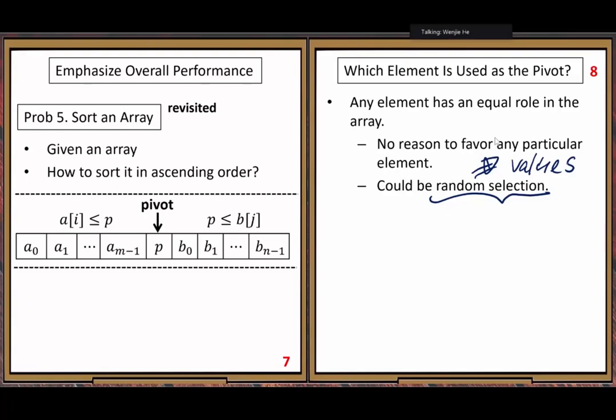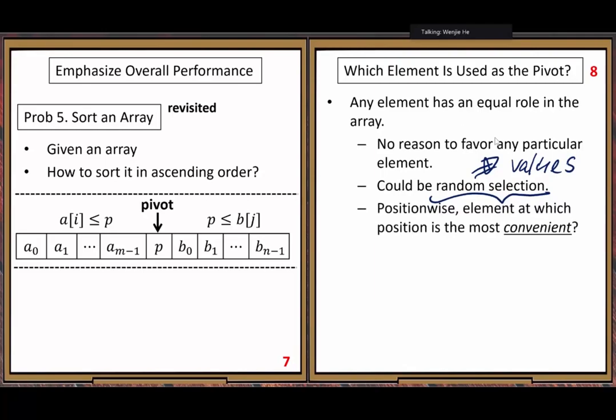But other than data values, we have other things to be considered, right? Not just data values. Data value is just one aspect to be considered. There are other things we also need to consider other than values.